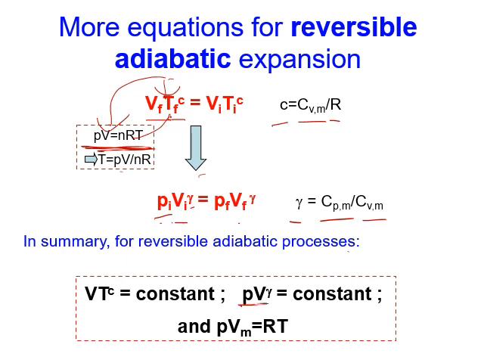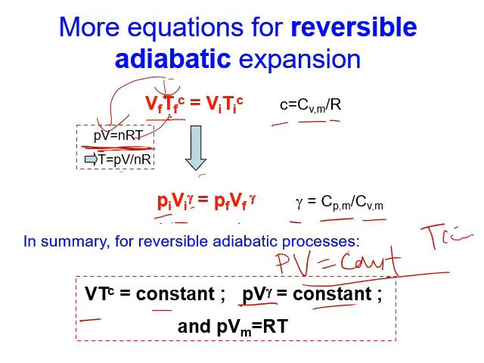It can be pressure times volume to the gamma's power is constant, or volume times temperature to the C's power is constant. Now compare to Boyle's law. Boyle's law is PV is constant, and this is only for when temperature is constant.